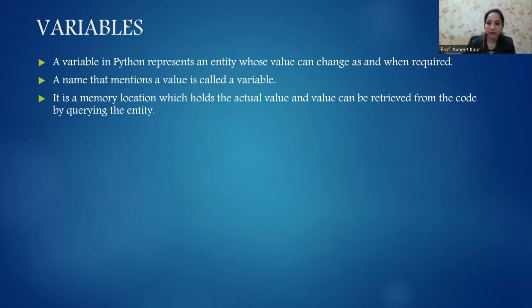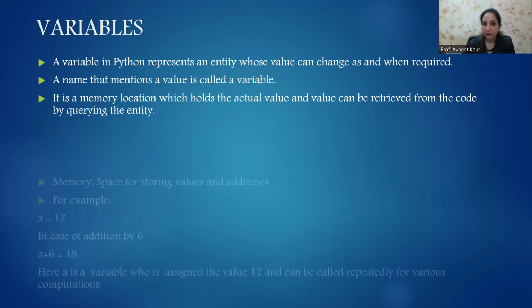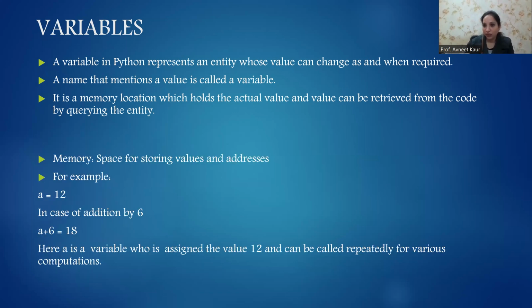Every variable is actually a memory location where the actual value is stored and can be retrieved from the code by querying the entity. For example, when I type a statement like a is equal to 12, a space is reserved with the name a and the value 12 is stored into it.